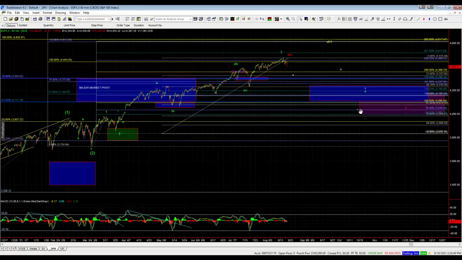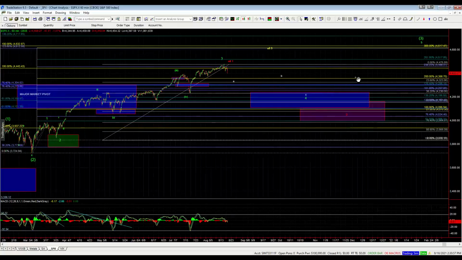The retrace would be a bit deeper in this red count, but the end result would be a much more overall bullish pattern, because we'd be starting in the heart of a 3 of a 3 of a 3. So what I would expect from there, if we were following that red path, is basically a grind up higher for several years with very, very shallow retraces. So that would be what I would expect.